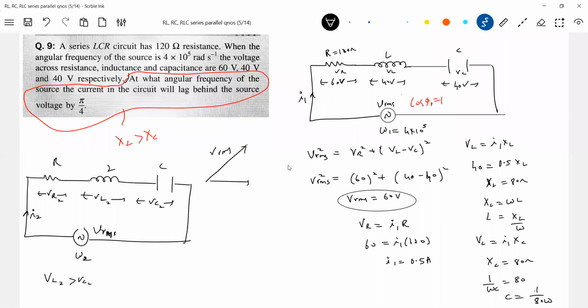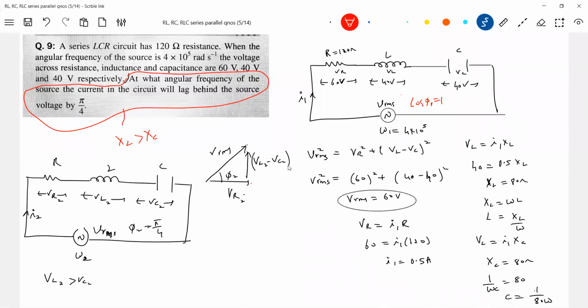VRMS, this will be VR1, VR2. This phase angle, do we know this phase angle? Pi by 4.